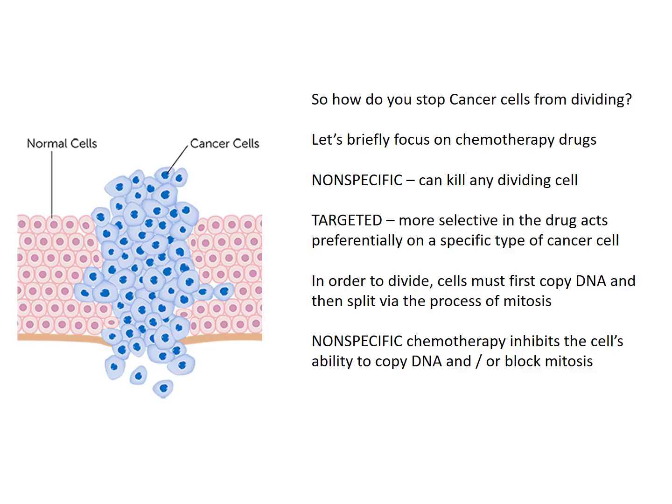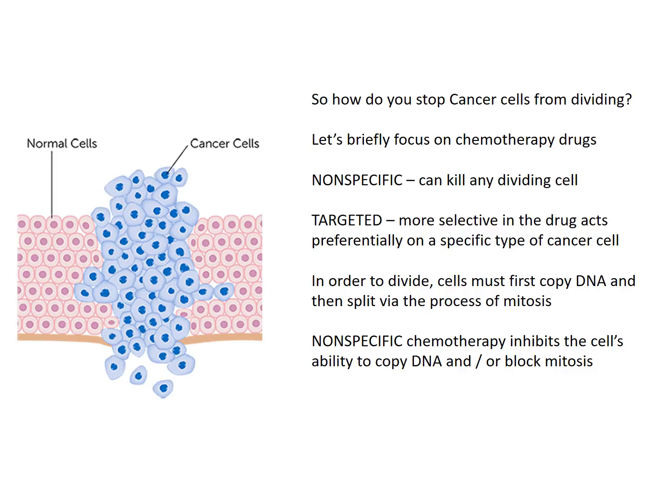All right, that's a quick review regarding the picture, but now let's just quickly talk about how we can stop cancer cells from dividing. So let's look at chemotherapy. Chemotherapy can come in 2 different flavors, if you will. It could be non-specific or it can be targeted.